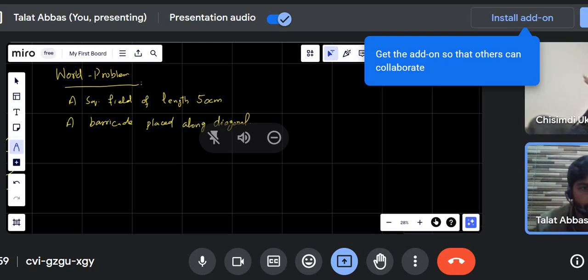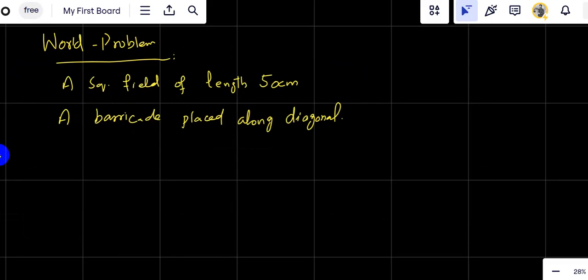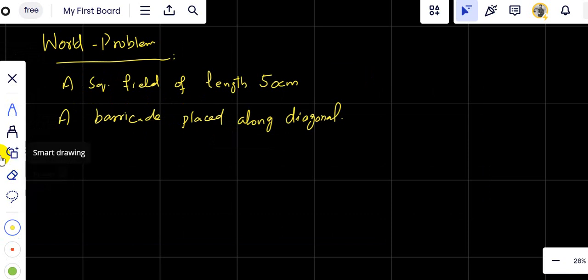Let's say this is a square, and if this length is 50 centimeters, all lengths will be 50 centimeters.